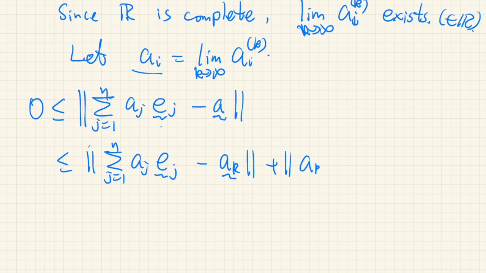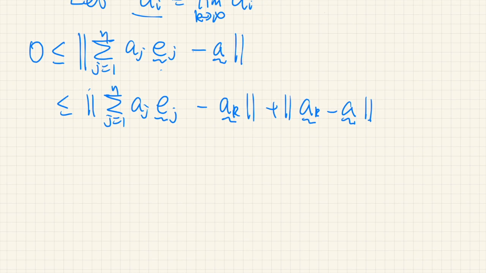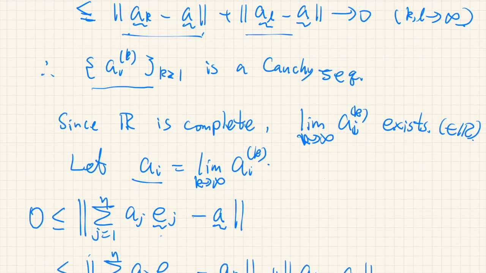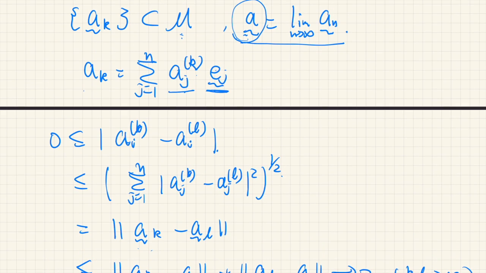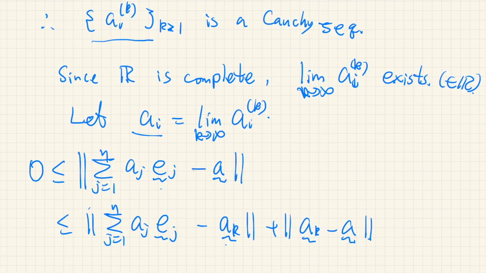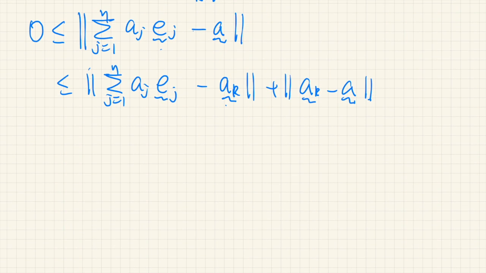And this a_k can be expressed as this, right? So using that representation, we have a_j minus a_j^k here, and e_j.